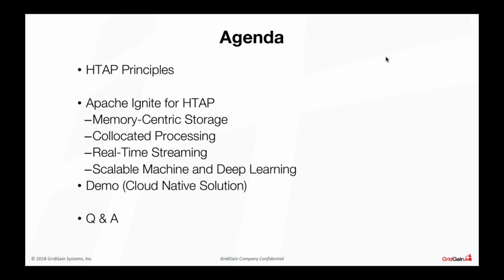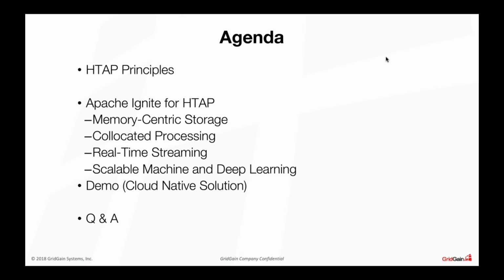And finally, when we talk about HTAP and any other modern distributed platform or technology, we have to consider a property that is called cloud nativeness. It means that you should be able to deploy your architecture solely and completely in the cloud.